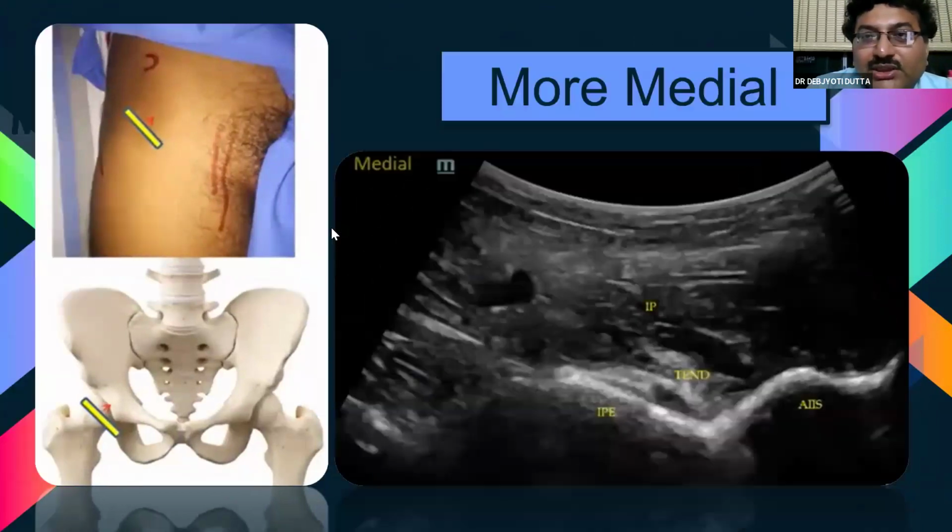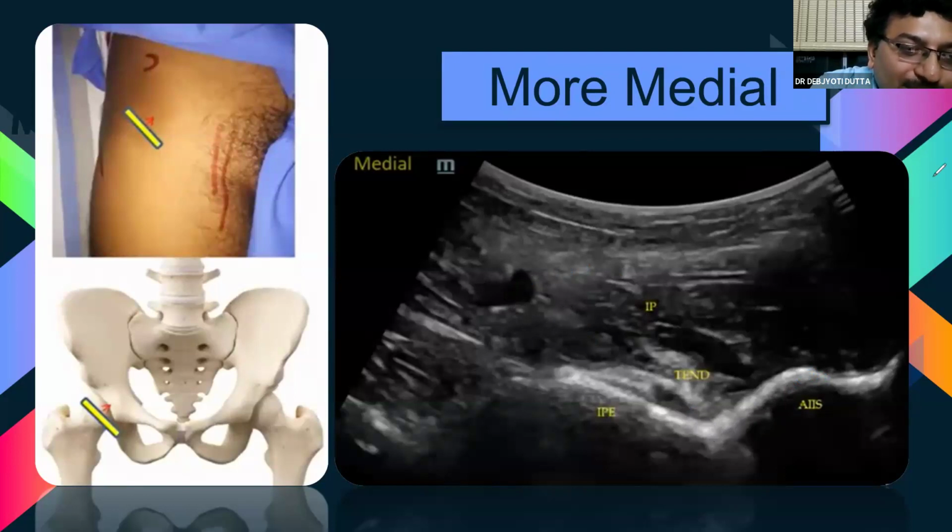Now moving further, more medially, definitely we will be able to see some portion of the pectineus, and if we look at the level of the anterior inferior iliac spine, we will be able to see this structure. So basically, from the head area, here in this picture, we have moved towards the medial and superior side like this.